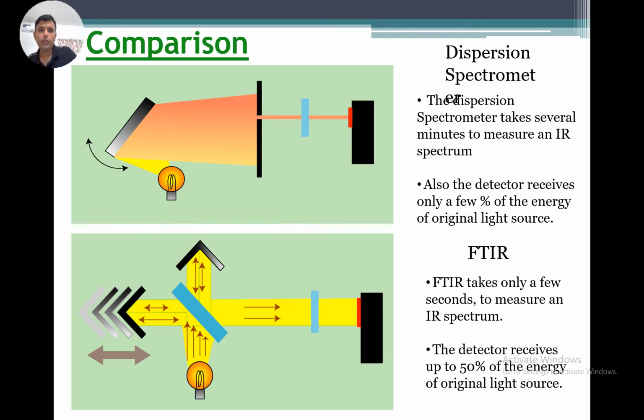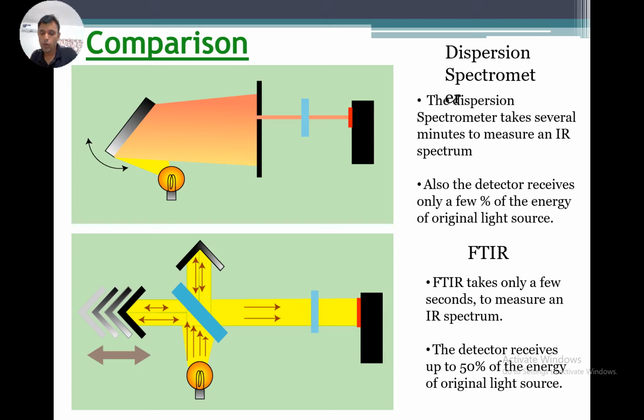Then if you are comparing dispersive IR and FTIR, we already said that dispersive IR means we have to disperse, or select the wavelength one by one, then measure the intensity in a detector. If you are going to select the wavelength one by one, it may take more time.